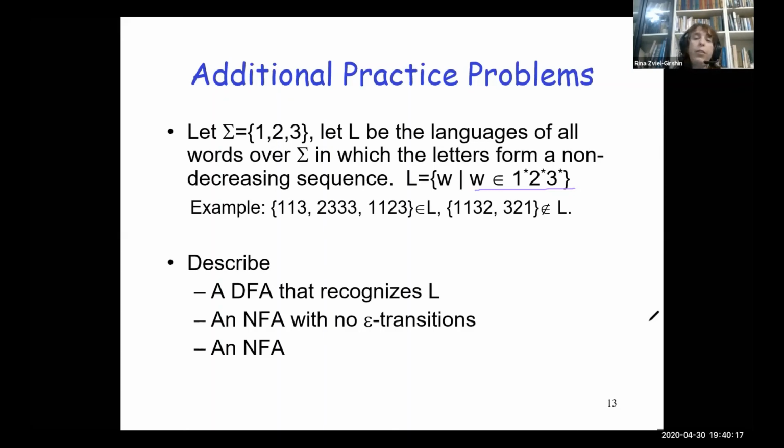So I can have words with 1s, 2s, and 3s, only with 1s and 3s, with 2s and 3s, and so on. An empty word also belongs to this language because I can take 0 1s, 0 2s, and 0 3s.